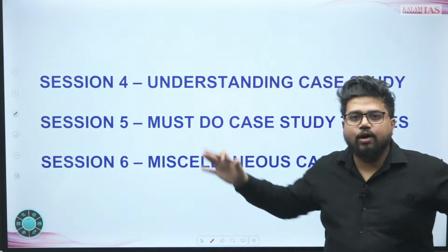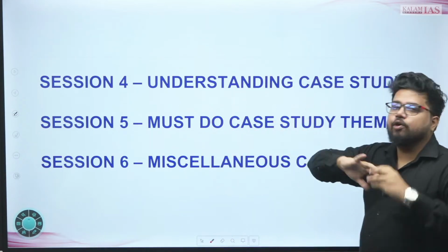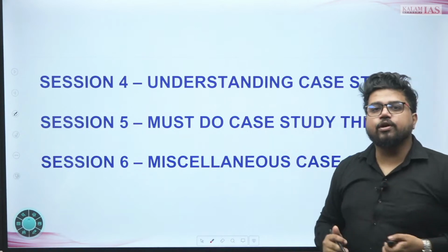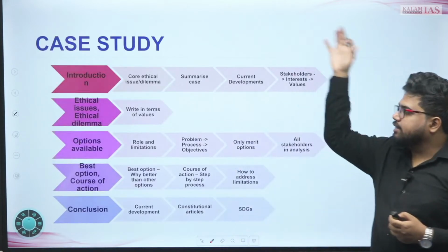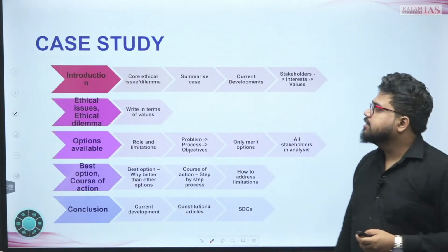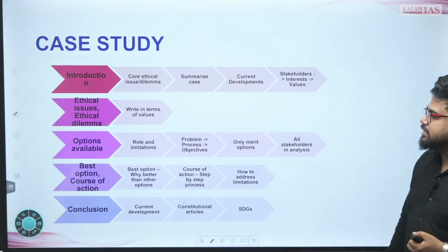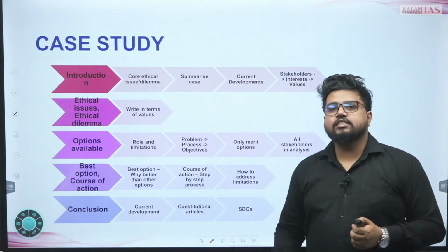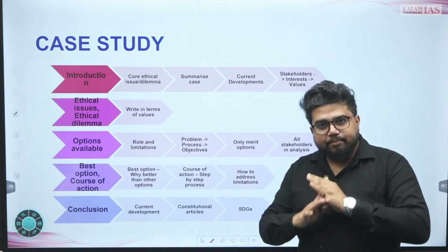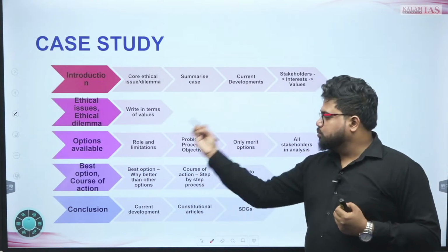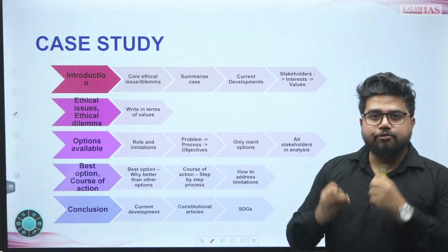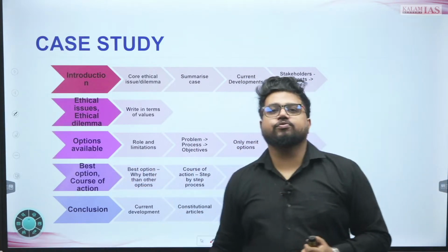So this was all what we have discussed so far, how we are going forward with the case studies. These are different parts of a standard case study: introduction, ethical issues, ethical dilemma, what are the different options available, everything we have discussed in much detail. What are different small differences in the question, how you should respect each and every word of the questions.